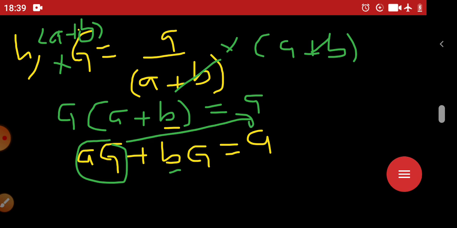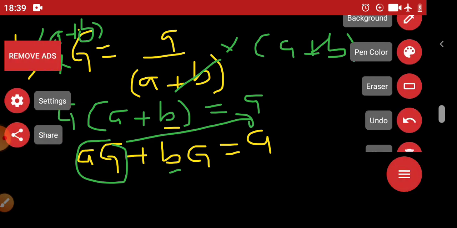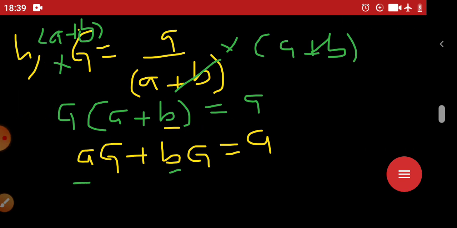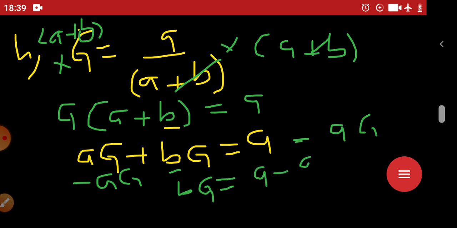So how can you do that? We can do that by subtracting ag both sides. So when we subtract ag both sides, you are left with bg equal to a minus ag.